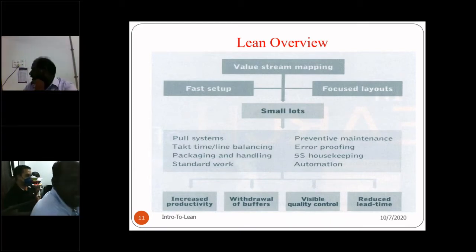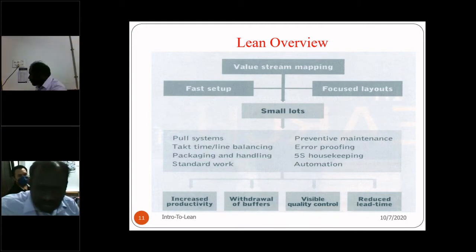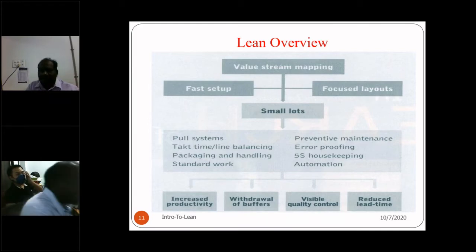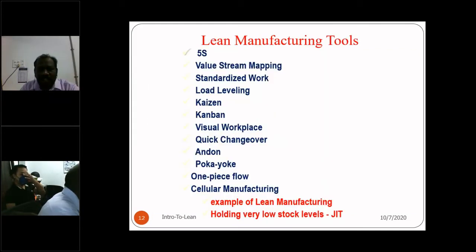Here what I would like to say is that this time mapping is very much important.